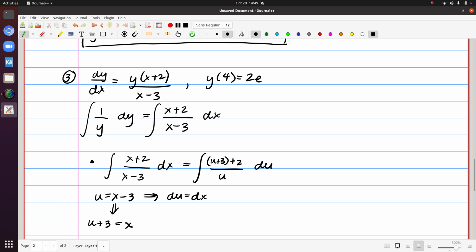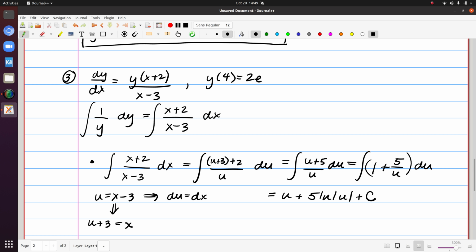And in particular, what we're going to get is u plus 5 over u. Now I can split that as the integral of 1 plus 5 over u, taking the numerator and splitting that fraction apart. And we can anti-differentiate that to get u plus 5 natural log u plus c. And rewriting my final answer in terms of x, this would leave me with x minus 3 plus 5 natural log of x minus 3 plus c.